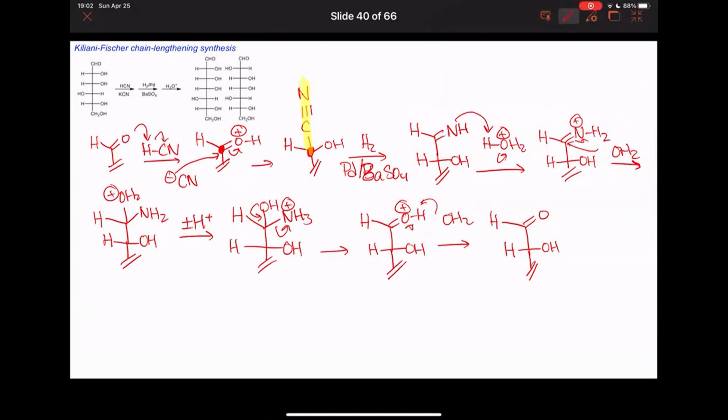Is there a product that is favored more? In this case, I think it should be 50-50, but someone can correct me. I'm pretty sure it's 50-50.